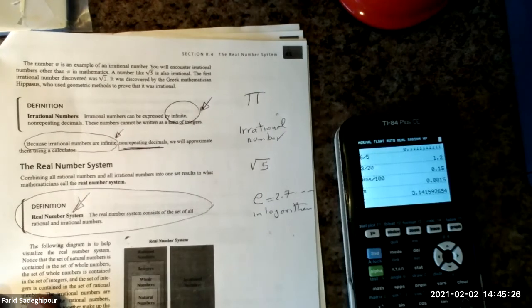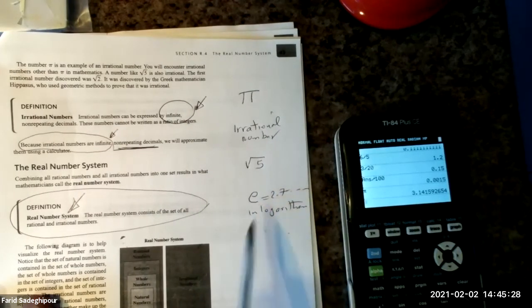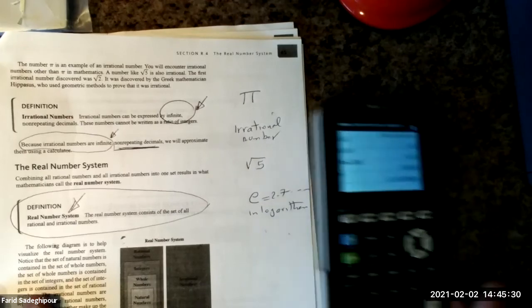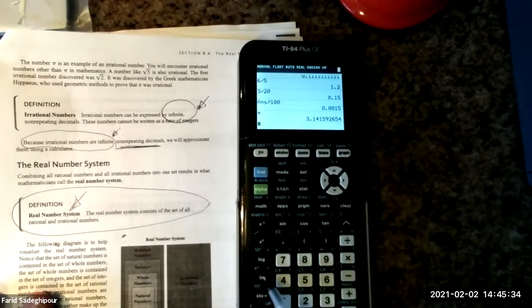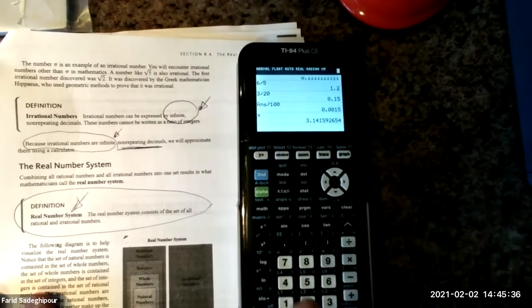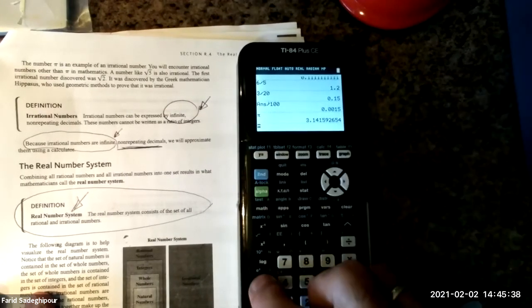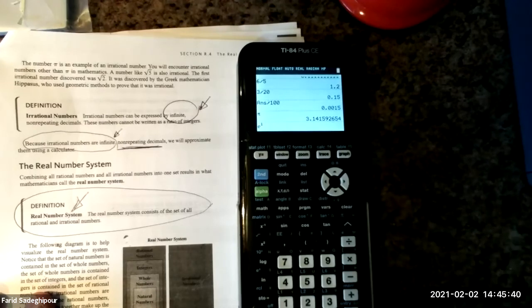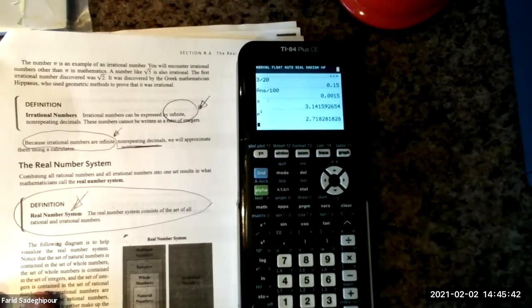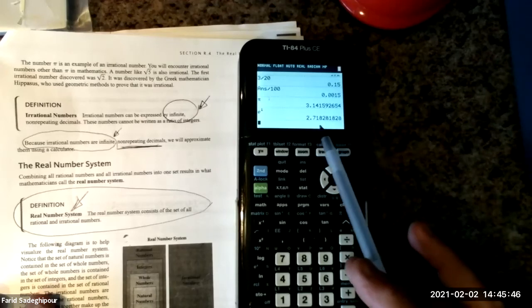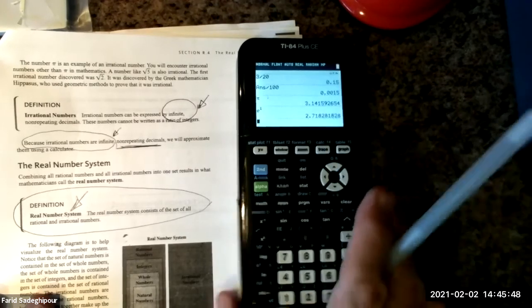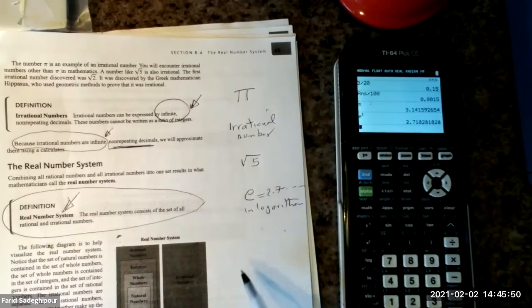Another one that we use in the log system is e, which is right there on this type of calculator. See, this is another number, e. e is the Napierian number, 2 point something. You see, it never ends. It's an infinite number, so e is also one of the irrational numbers.